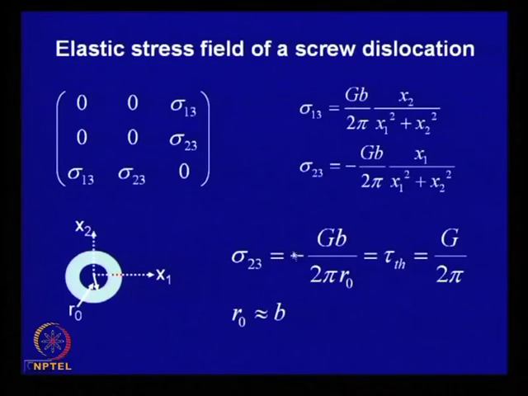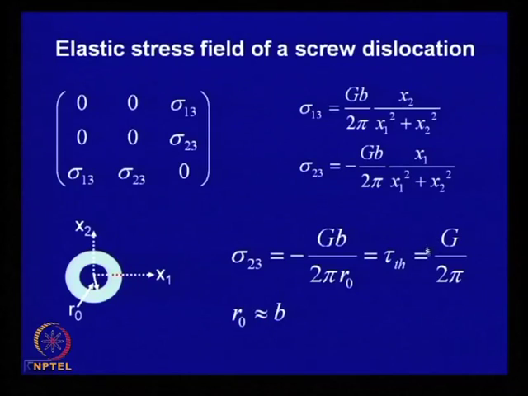And now, it will be interesting to know what the size of the core of this dislocation will be, because within the core the deformation is so large that the elastic laws, that is Hooke's law, will no longer be valid. Therefore, within the core we can say that the stress field is equal to the strength of an ideal crystal.